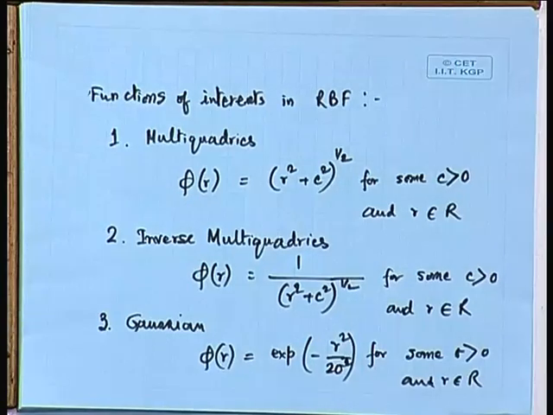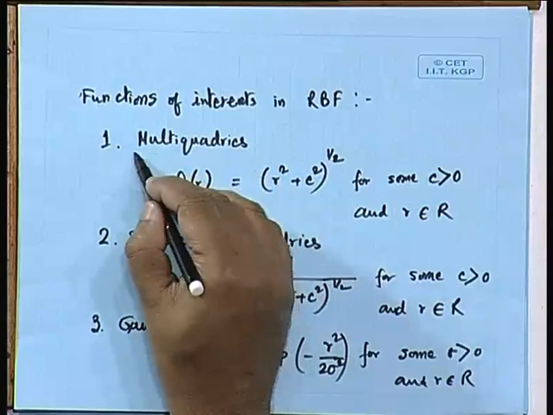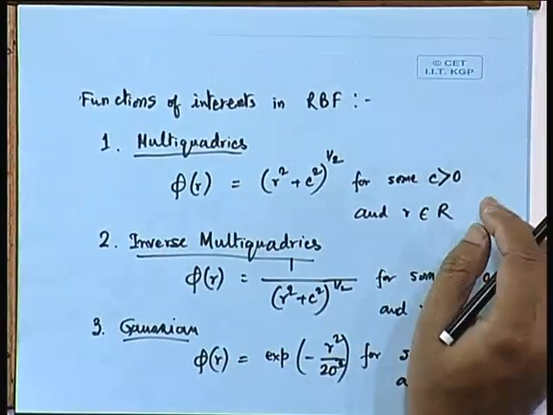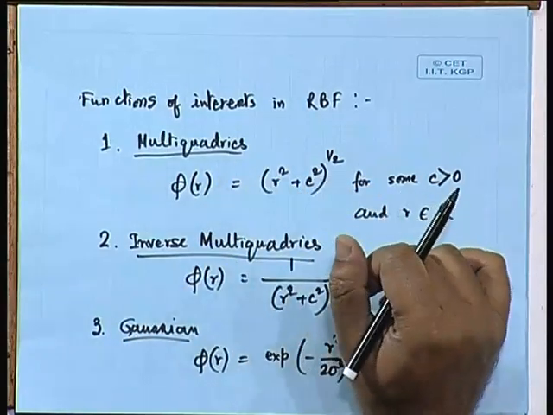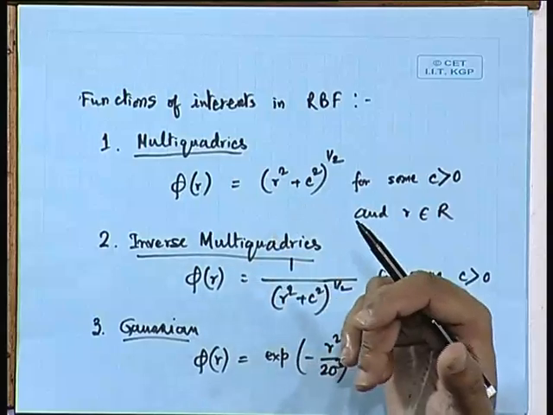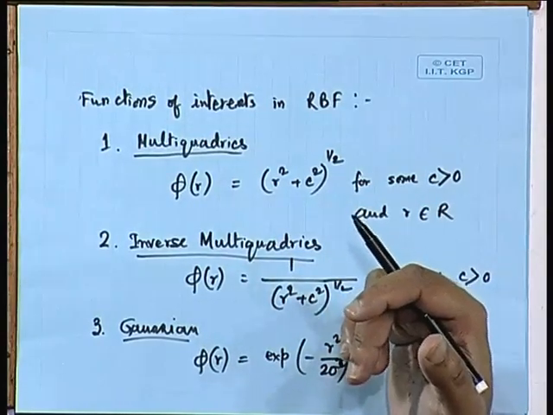So, these three functions are used in the RBF, and the reason why we can use them in RBF is because if you are composing the phi matrices out of any of these functions, then phi inverse is seen to exist, and because of that, these can be used for radial basis function applications.